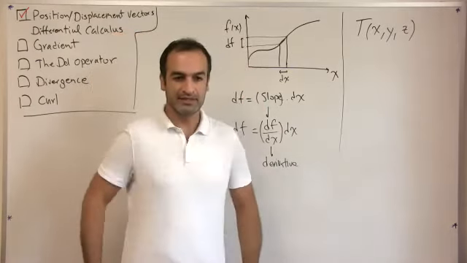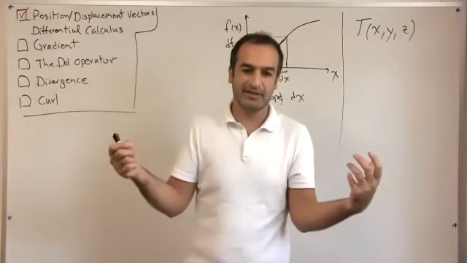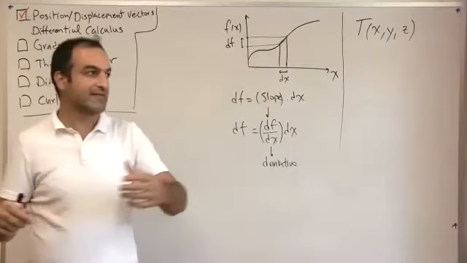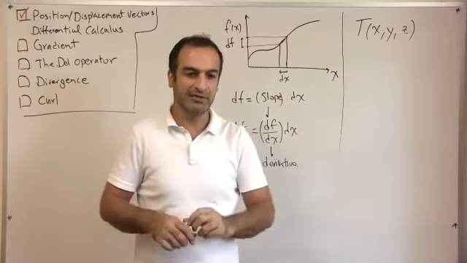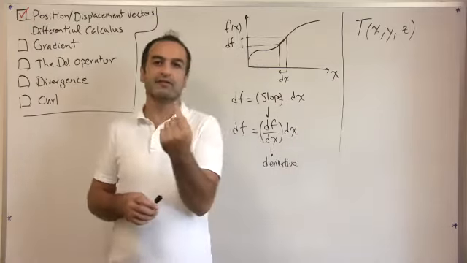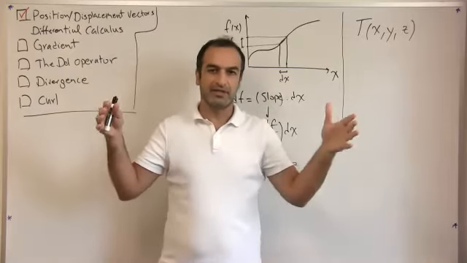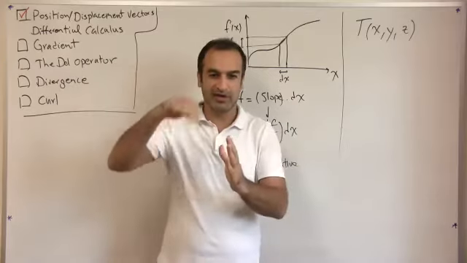I'm standing here in this room. The temperature, I feel, is constant, but you know what? If I get closer to the door, it's a little colder. If I get closer to the window, it becomes warm because sunshine is coming in. So technically, you can define the temperature in my office as a 3-dimensional function. It's a 3-dimensional space, x, y, and z.